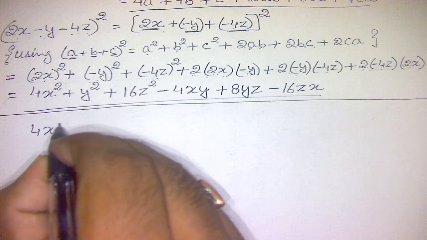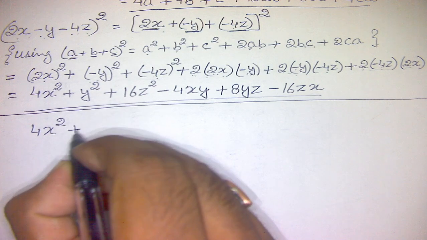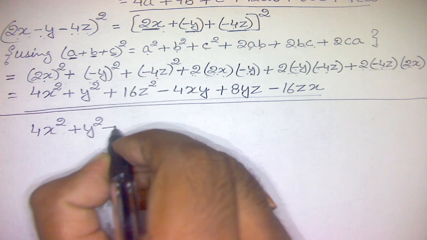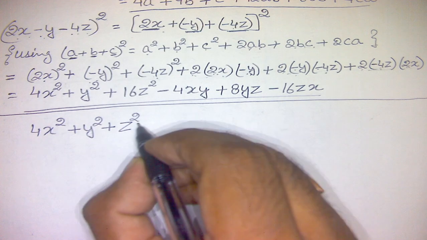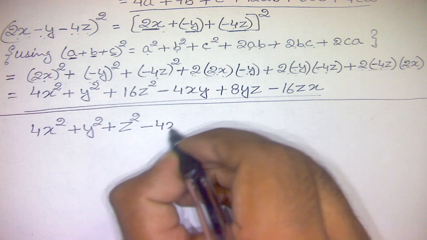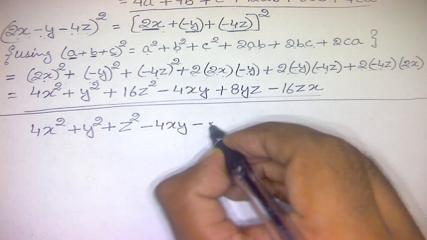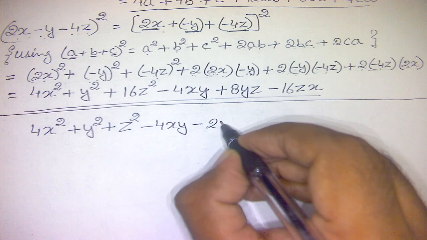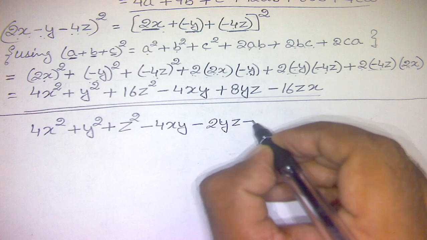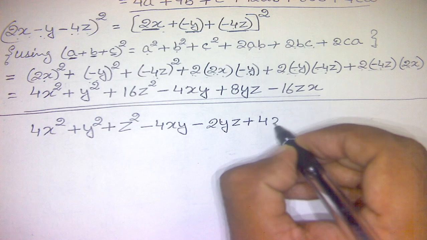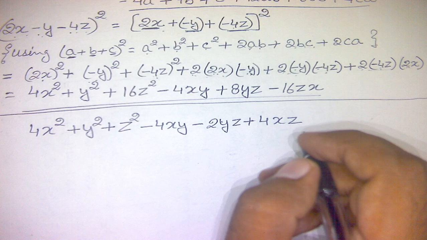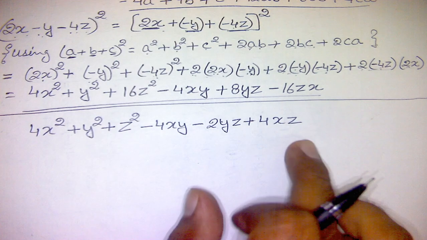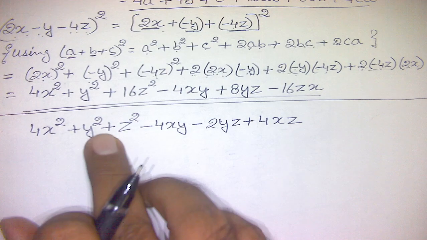Suppose you have a polynomial, say 4x squared plus y squared plus z squared, then minus 4xy minus 2yz and plus 4xz. Now suppose you need to factorize this expression.